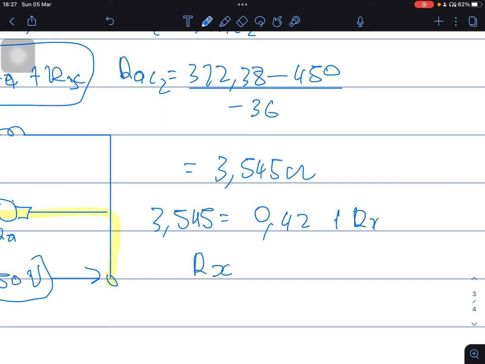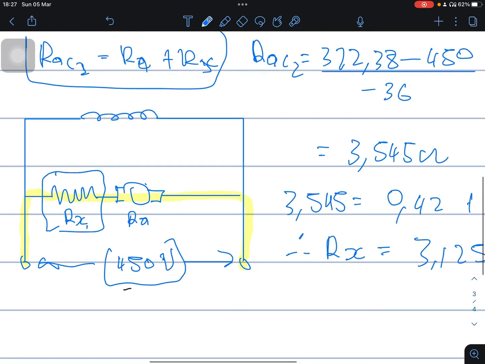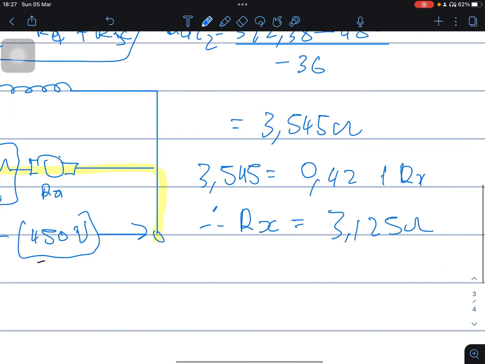So Rx is therefore 3.545 minus 0.42. So it's going to be 3.125 ohms. That means this resistor must be 3.125 ohms for us to get a 25% speed reduction and a torque that is 75% that of the full load.